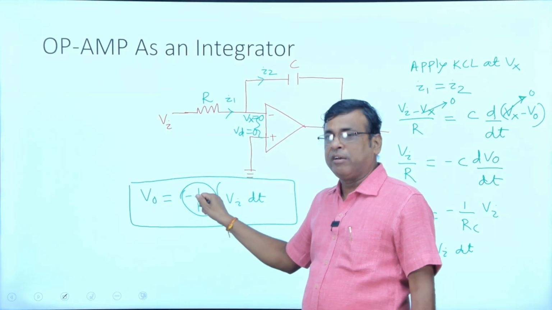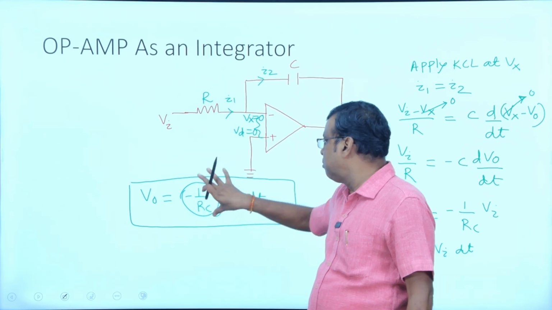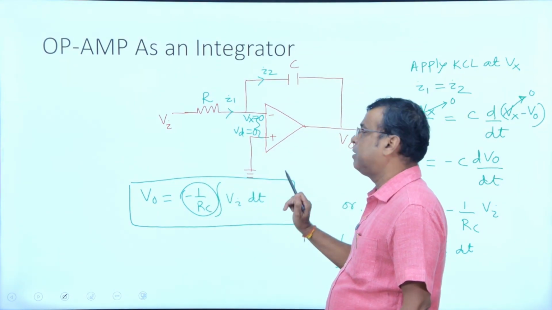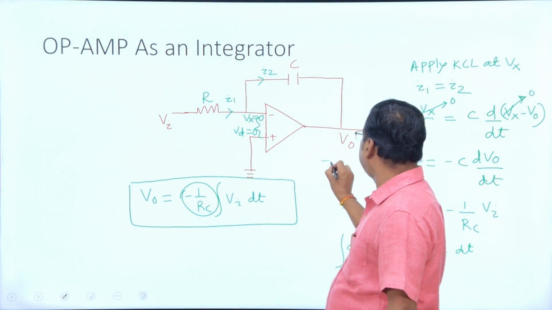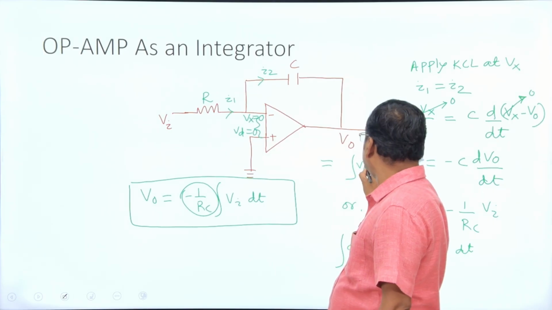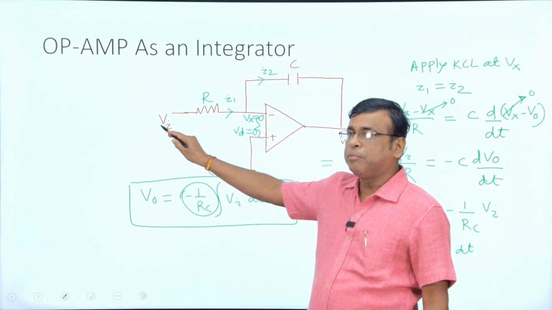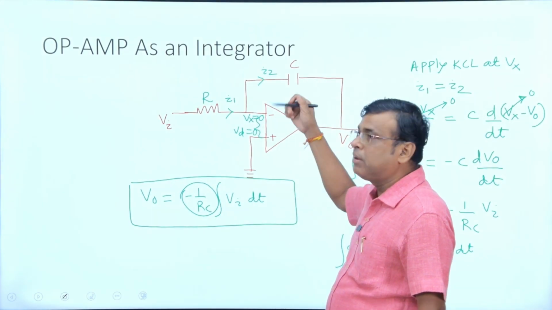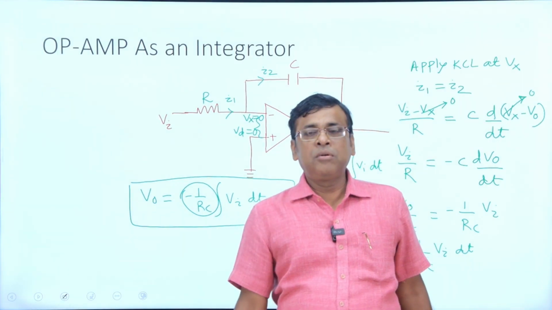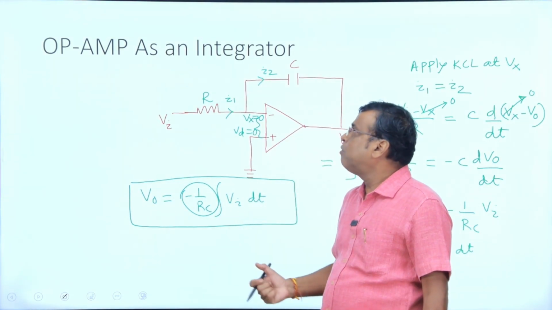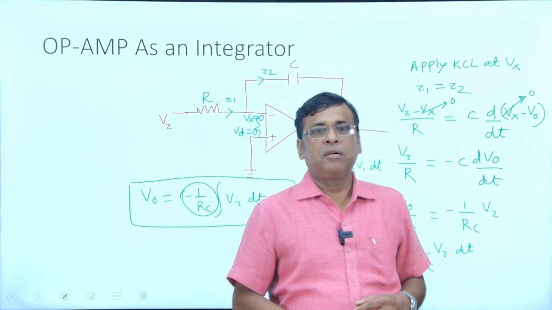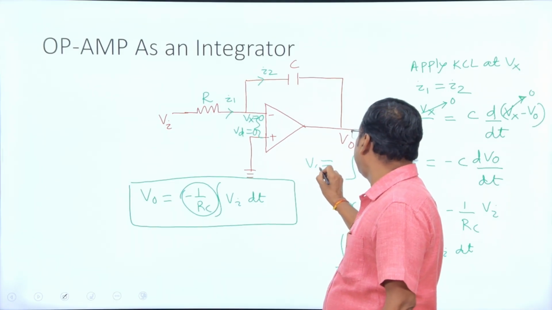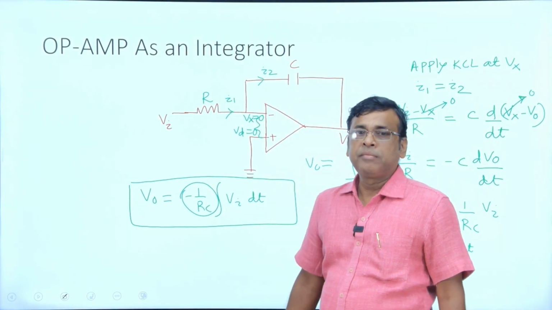The output voltage is the integration of the input voltage, and the op-amp acts as an integrator. That's why it is called an integrator.